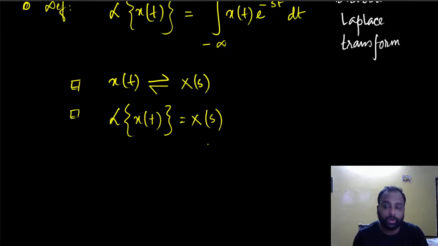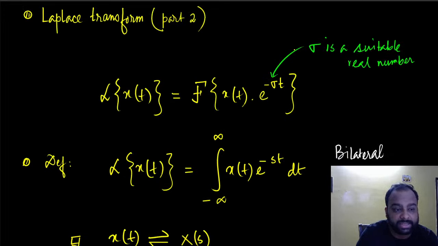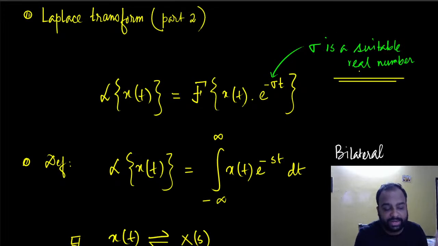Today we're going to look into certain internal implications. In the last class, I mentioned this term, that sigma is a suitable real number, quite often while we derived the definition of Laplace transform from Fourier transform, and I promised that I would explain this.